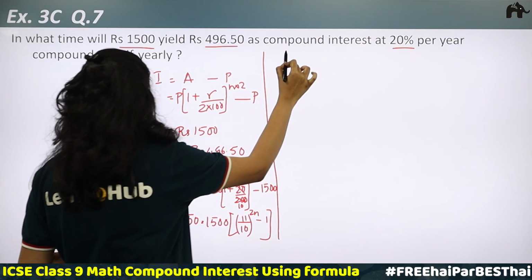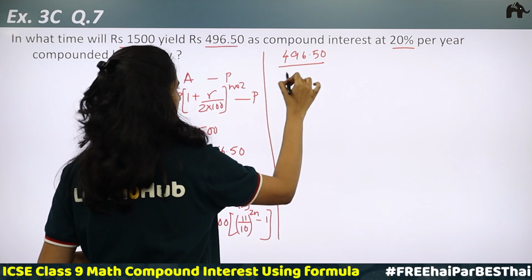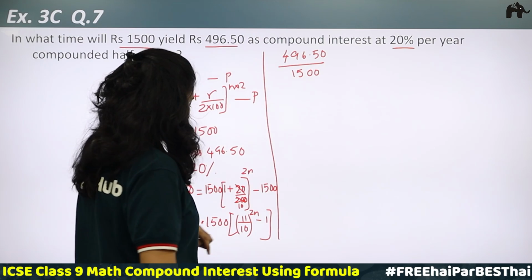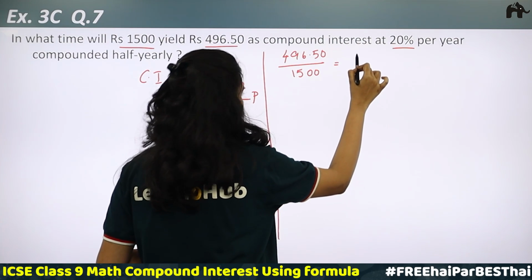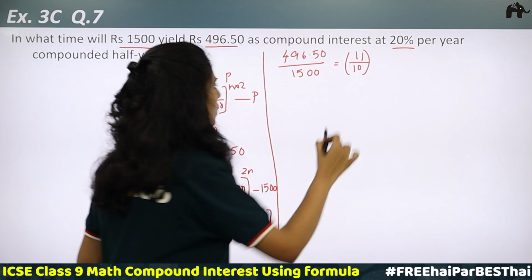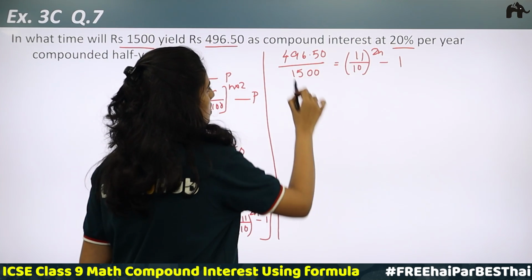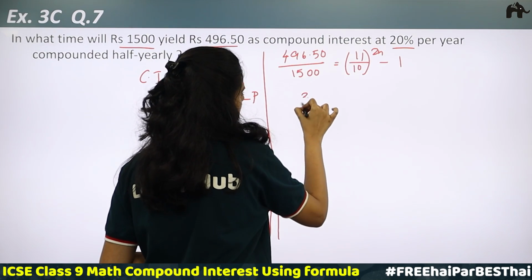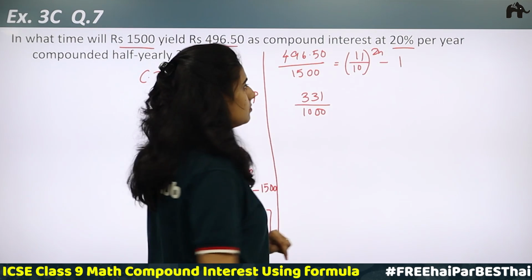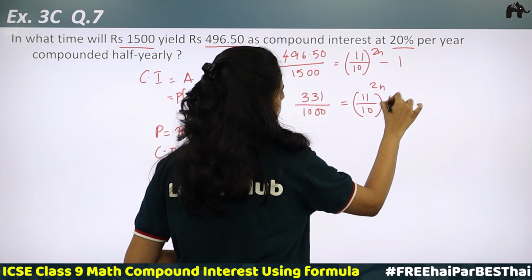Okay, this becomes 496.50 divided by 1500 which is equal to 11 by 10 whole raised to 2n minus 1. Okay, so this can be cancelled and this becomes 331 divided by 1000 which is equal to 11 by 10 whole raised to 2n minus 1.